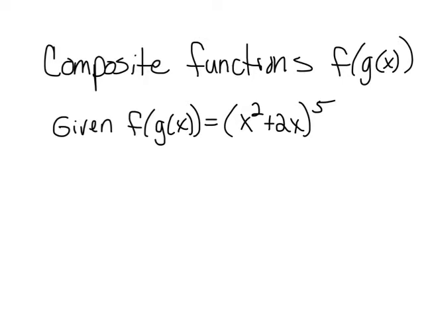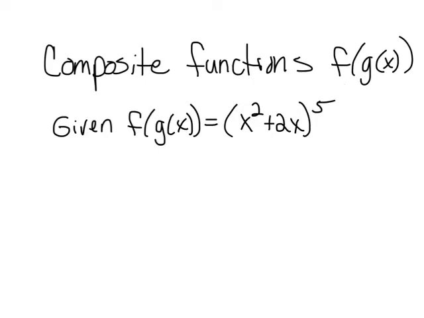The chain rule relies on our knowledge of composite functions, and we talked about composite functions very early in the year. One way to represent composite functions is to say f of g of x. So we have an outside function and an inside function.